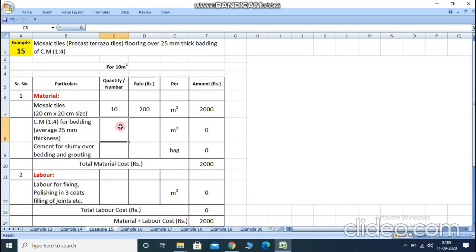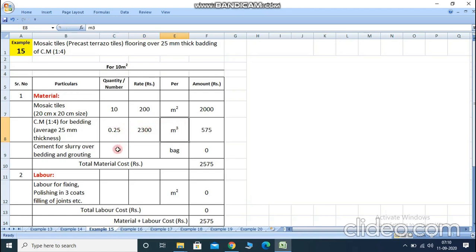Here we already calculated the cement mortar quantity in the last example, so we directly write 0.25 meter cube as the quantity of cement mortar, and the rate per meter cube, as per the book value, for cement mortar is 2300. So we got the answer 575 rupees.